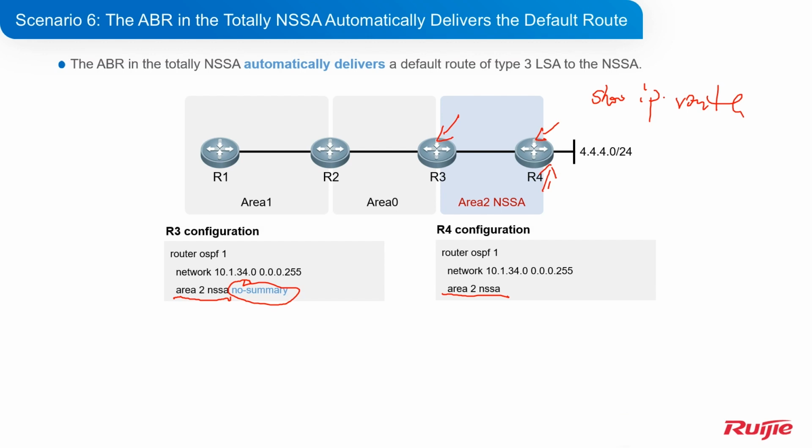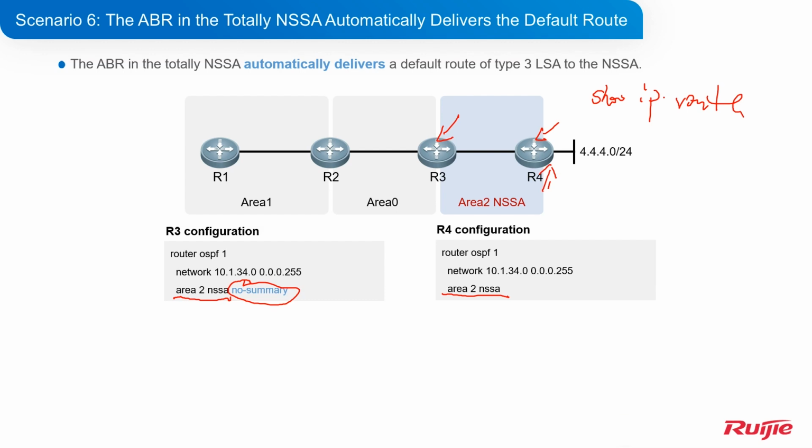Of course, we also have another two ways to configure the default route. The first is default-information originate, and the second is default-information originate always. With always, whether or not we have the default route on the device, we can deliver the default route to other routers.